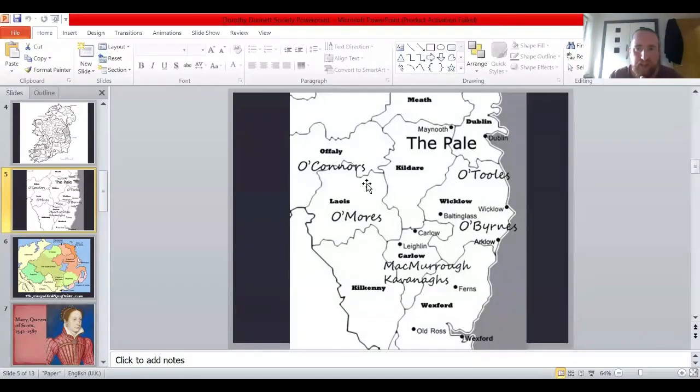Now, initially in 1536, they're talking quite a lot about how they want to reduce South Leinster. What they mean by South Leinster is basically this region. And by doing that, they assume that they can form a contiguous land that they control between Dublin, south to these port towns here, Old Ross, Wexford, and then Waterford as well, which is just out of view of the map.